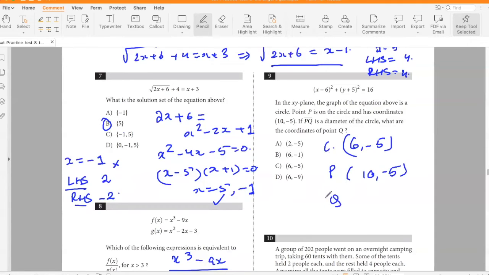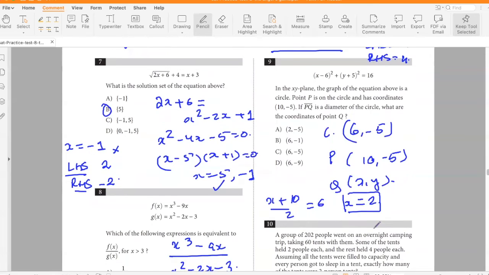So C will be the midpoint of PQ, right? So let's say Q is x, y. So x plus 10 by 2 would be 6. So x will be 2, right? And let me write here, y minus 5 by 2 is negative 5. So y is negative 5. So Q is 2, negative 5.